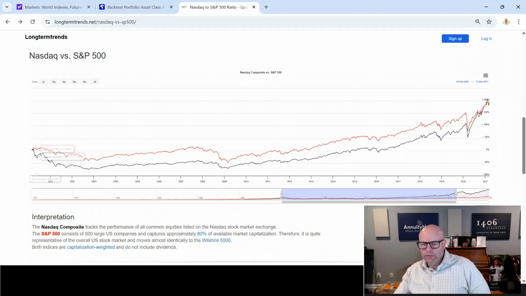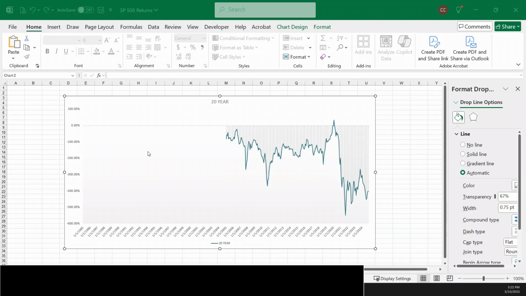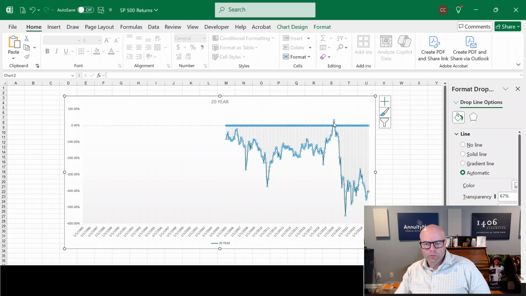And then what's interesting, if you go back to my data, these are rolling 20-year periods. For a 20-year period ending somewhere in 2020, that's where the S&P is ahead of the NASDAQ, not only because the NASDAQ had such a decline from the year 2000.